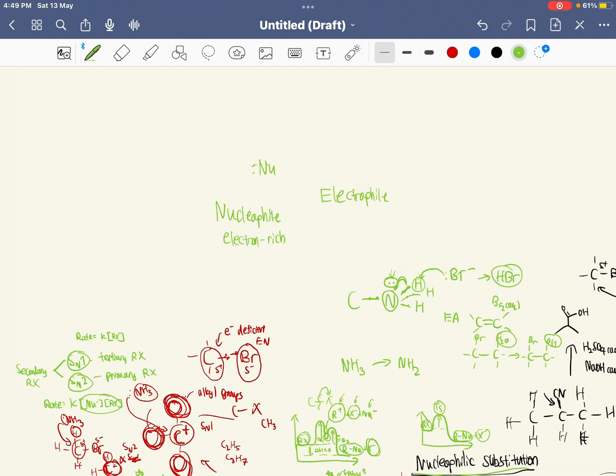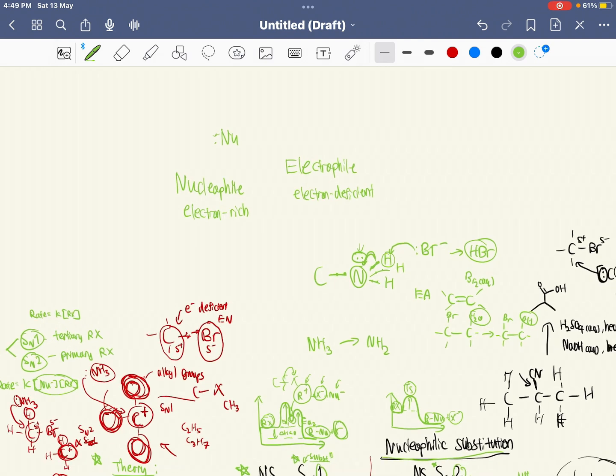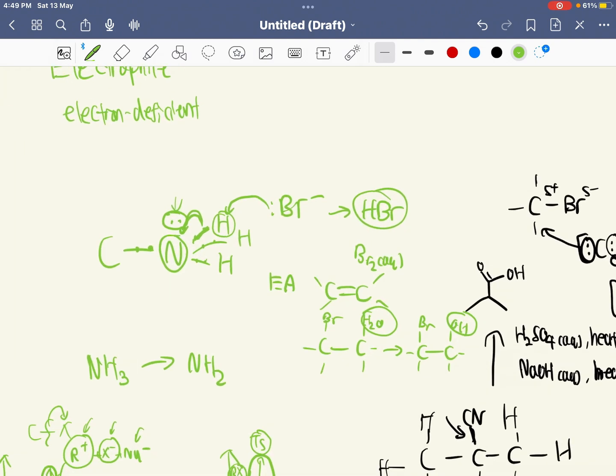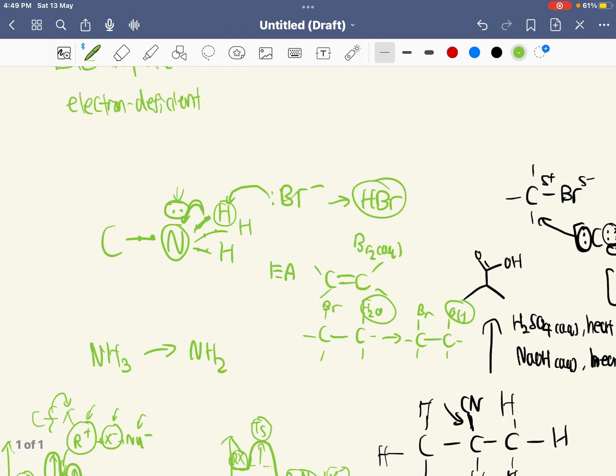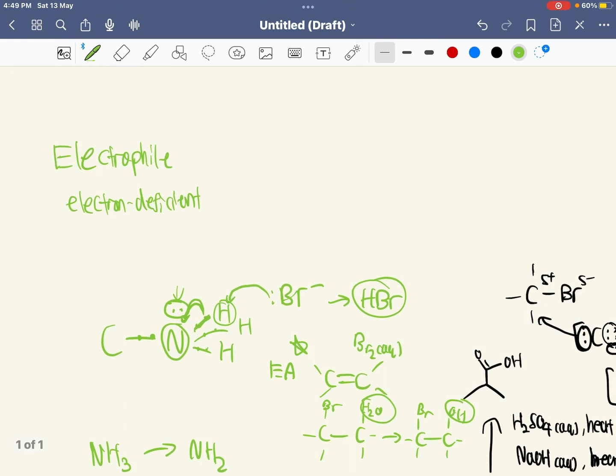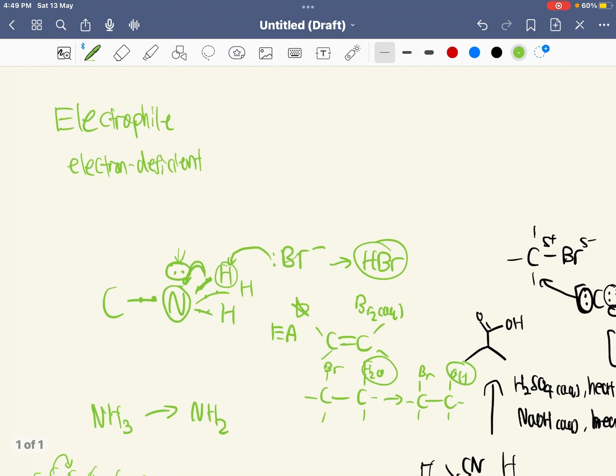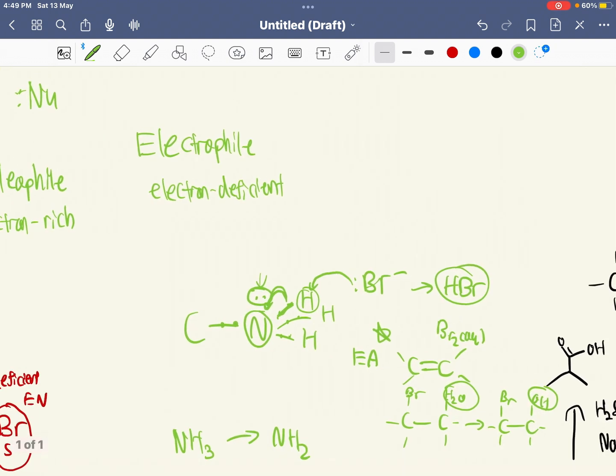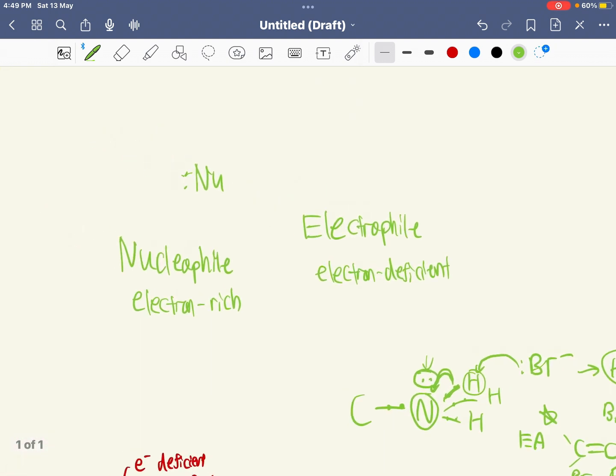Electrophiles, on the other hand, are electron deficient. That's why we consider the attack of, for example, this alkene here, the electrophilic addition. Over here, the carbocation is electron deficient, therefore it is the electrophile.